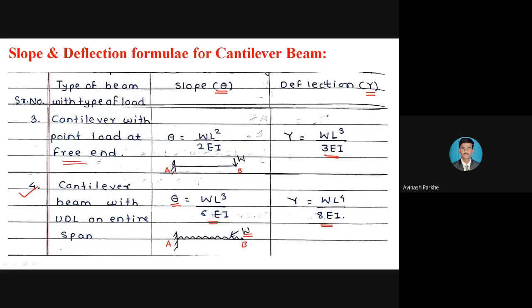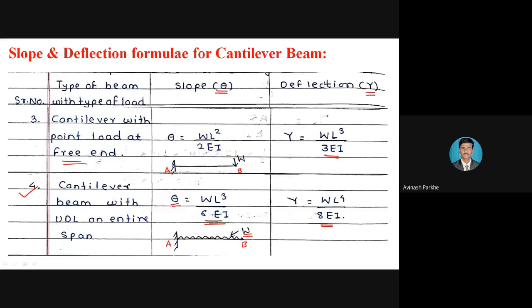The question may be: what is the slope formula for the cantilever beam subjected to the UDL? The statement will be given and the 4 options will be given. Out of those 4 options, WL cube upon 6EI is the answer. So this formula should be at your tip of tongue, then only you will give the correct answer.